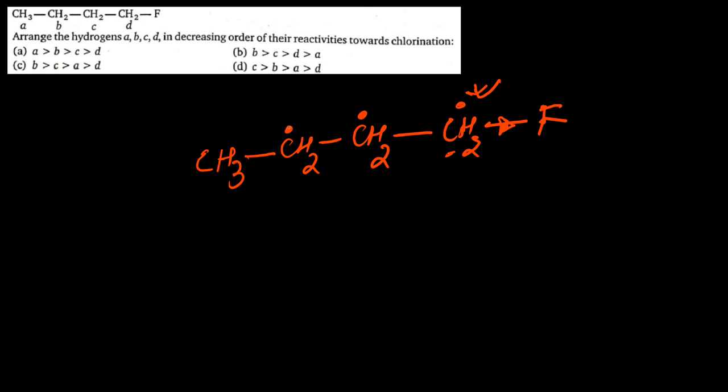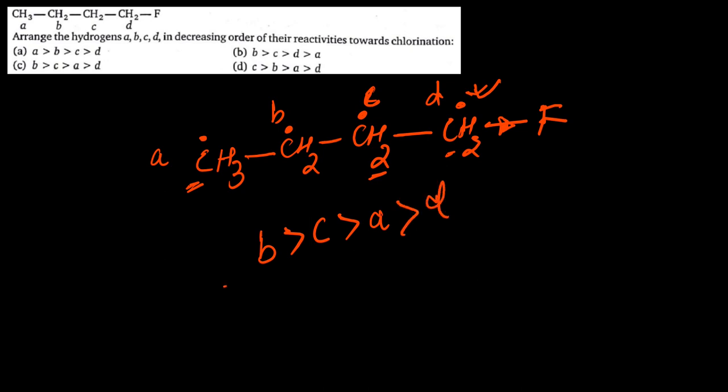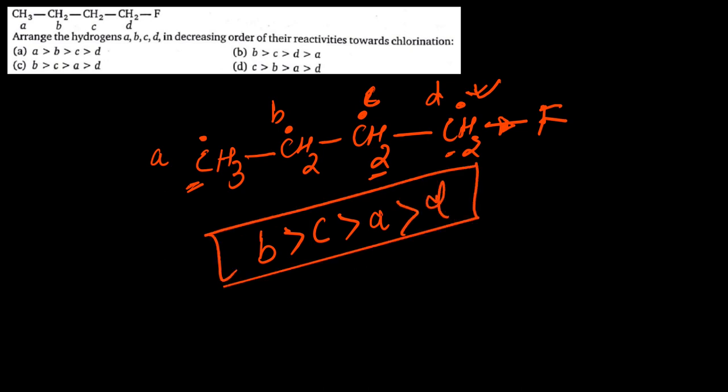This will be more stable, and here this is primary. So if I call them A, B, C and D, I will say B has the higher probability of being abstracted. Then as C is secondary, C has the next higher probability, then A, and at last you will have D. Is it clear? So B, C, A and D, so C is the correct option.